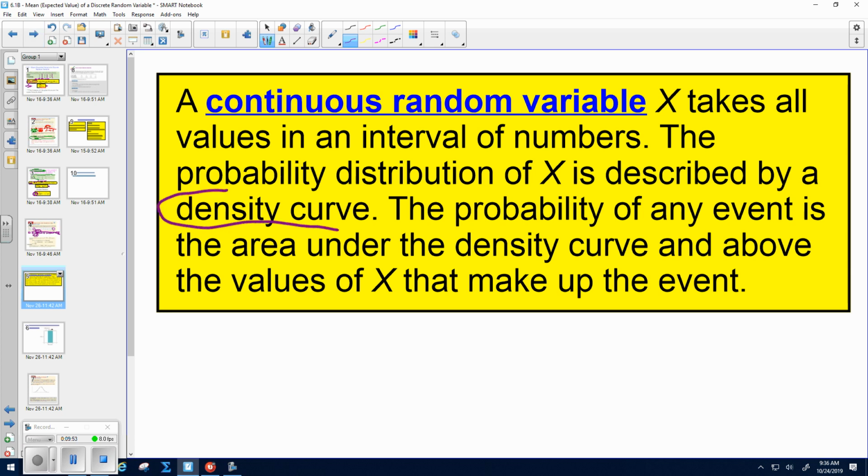They will either give you a curve or tell you that it's normal, which means you can use the normal curve from chapter 2. The probability of any event is the area under the density curve and above the values of X that make up the event. So we just find the area under the curve when we're finding probabilities.